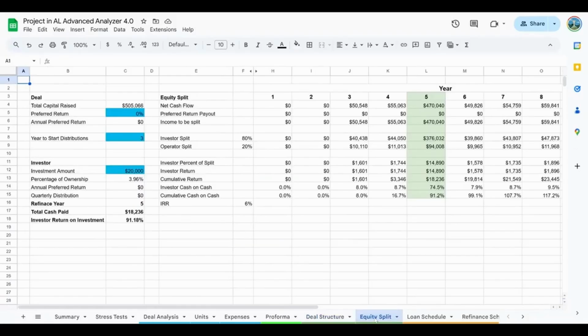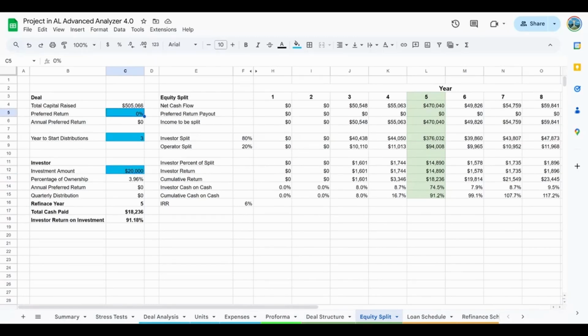So once you have these numbers figured out to come up to close to 2x, we come over here to the equity split tab. And in this tab, it's going to give you a breakdown of how an investor's contribution is going to perform and the dollar values they will be receiving. So here at the top, we're going to do a deal.